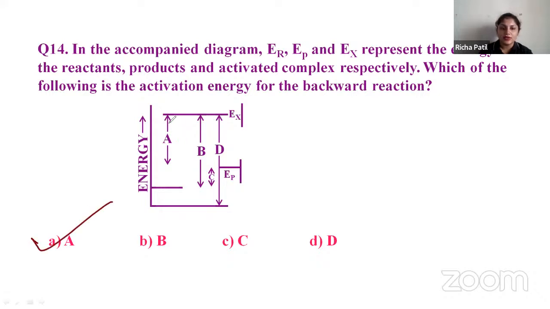It is A. So the activation energy for the backward reaction is given by capital A.